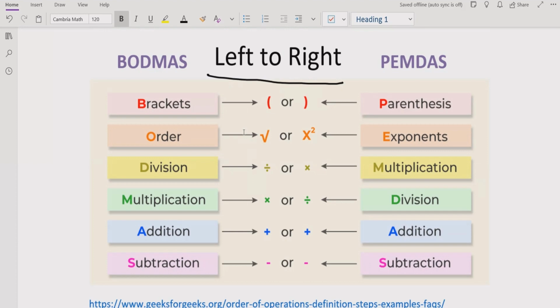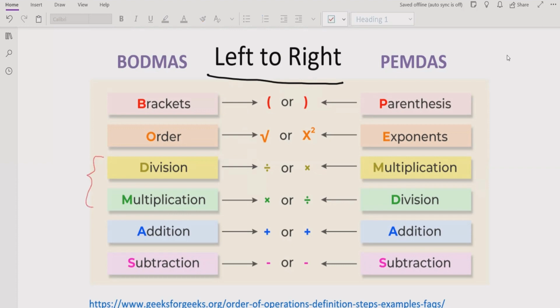Similarly, for division and multiplication, you have to follow the left to right rule. As you can see on the screen, you have to follow the left to right rule to solve division, multiplication, and addition, subtraction. You cannot say, I'm using BODMAS, so I will solve the division first, or someone says, I'm using PEMDAS, so I will still solve the multiplication first. No, division and multiplication have the same precedence.